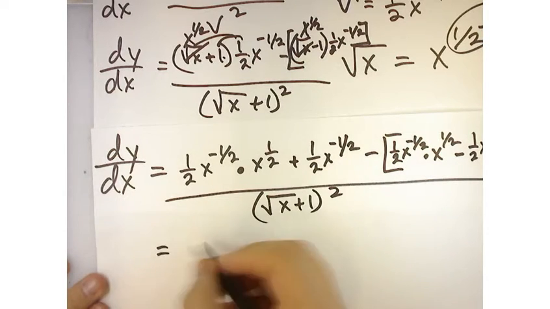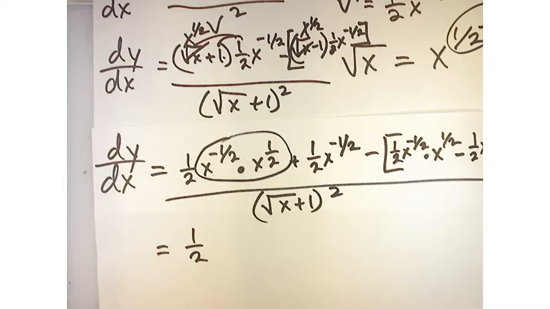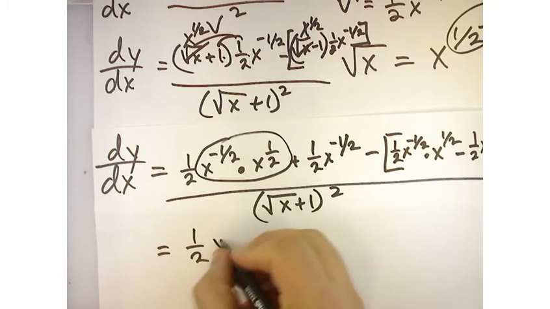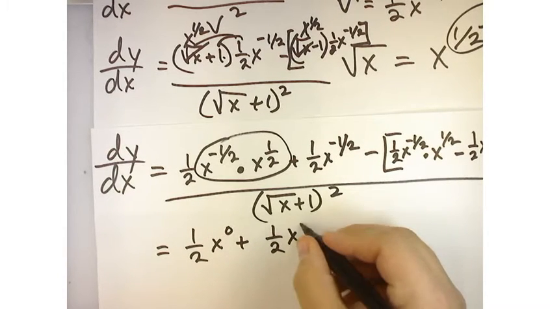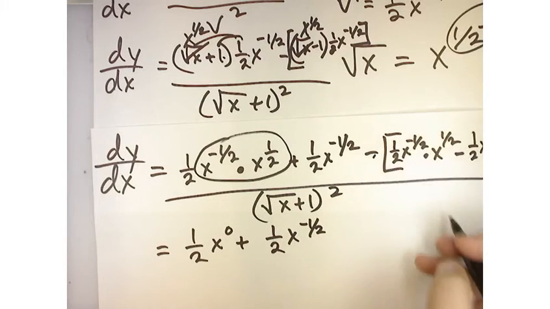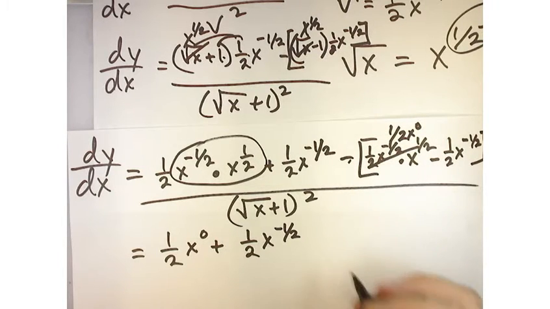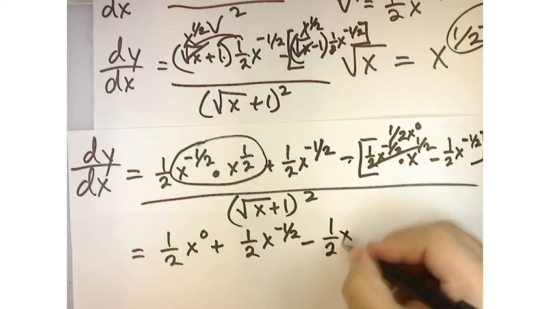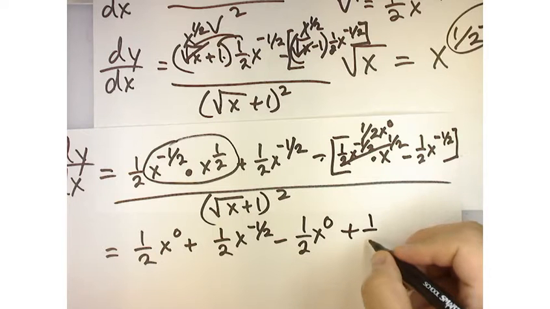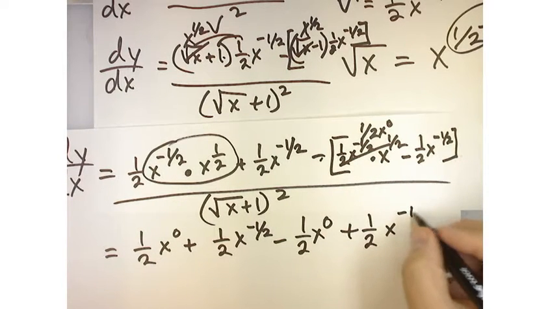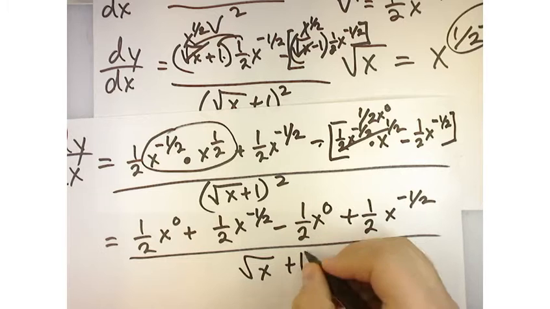When you multiply this with this, isn't that negative 1/2 plus 1/2, which equals x to the 0, plus 1/2 x to the negative 1/2, and then this minus sign gets distributed. This becomes negative 1/2 x to the 0, and then the negative times the negative becomes a positive 1/2 x to the negative 1/2, all over the square root of x plus 1 squared.